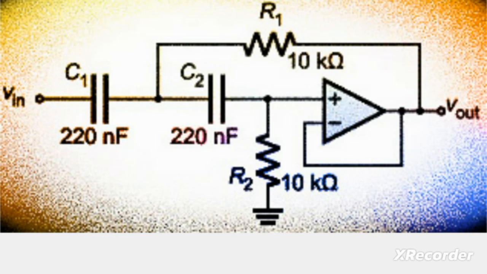Then it has got two capacitors with a value of 220 nanofarad each. So we have an input signal V in and we have an output signal V out for this circuit. So we want to analyze the behavior, that is quantitative behavior of this circuit.